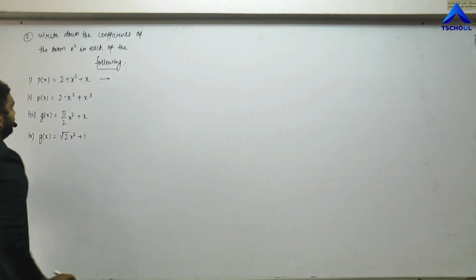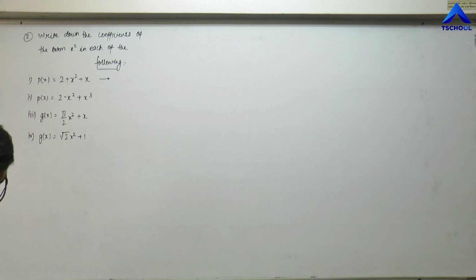The coefficient of x square in this example is the number, the constant multiplied with the variable x square, or the constant associated with the variable x square.